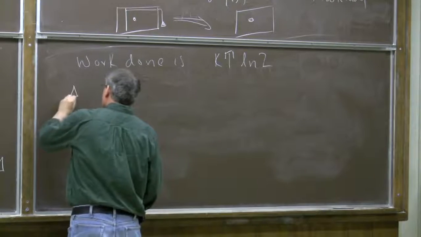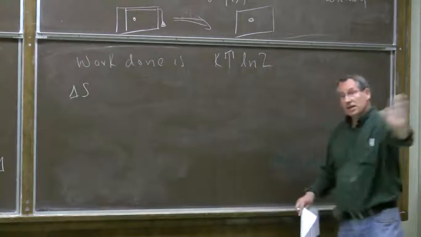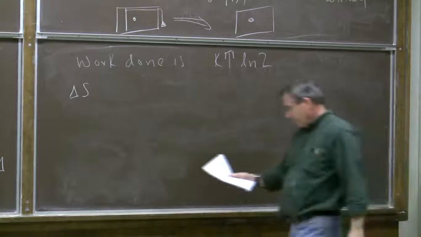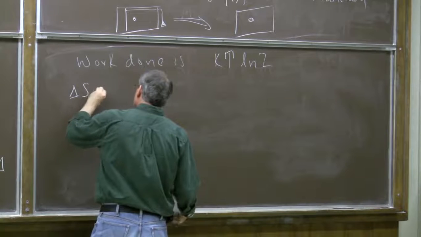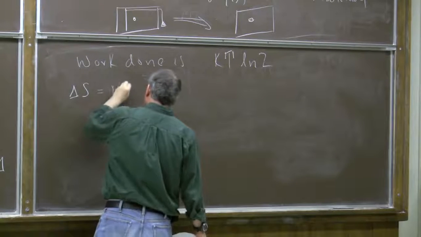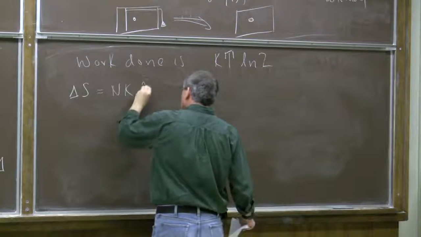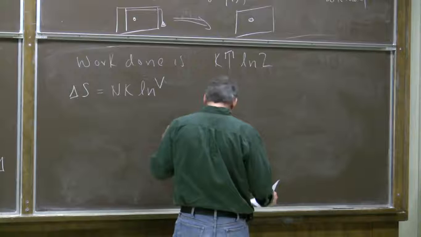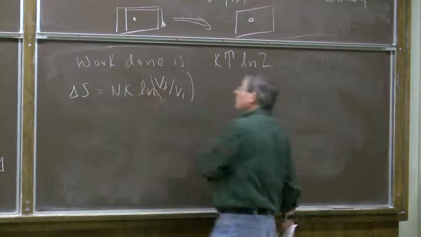So before we said that when the expansion occurs at constant temperature, the entropy increases by, now the conventional entropy, so I should put in a factor of k, Boltzmann's constant, times the log of the final volume after expansion divided by the initial volume before expansion.